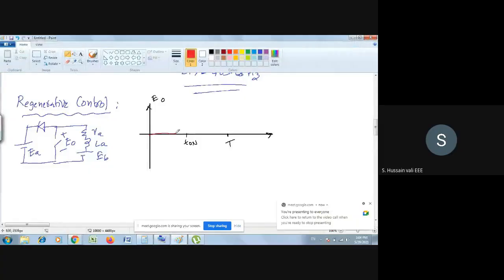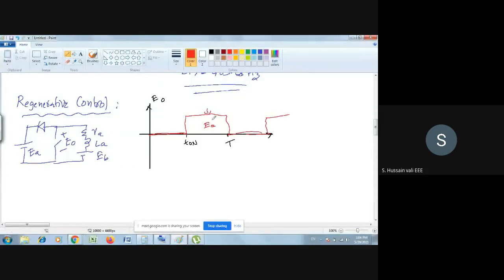This entire thing we have done last class. When the switch is off, that is from T on to T, then the diode conducts. Then E naught will become EA, and it repeats. So this height is EA.